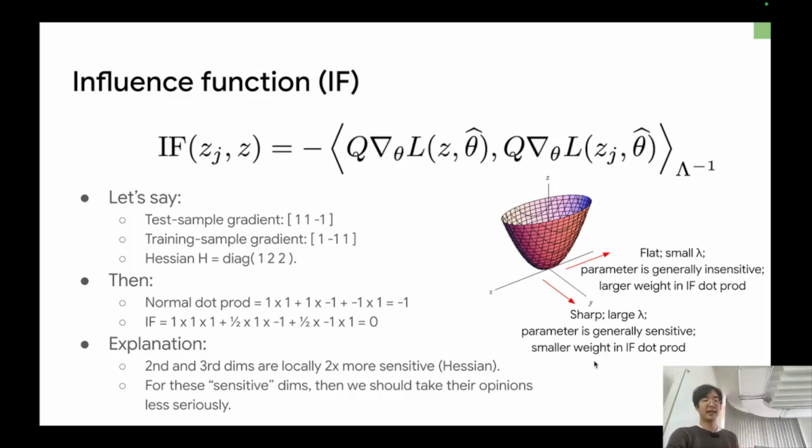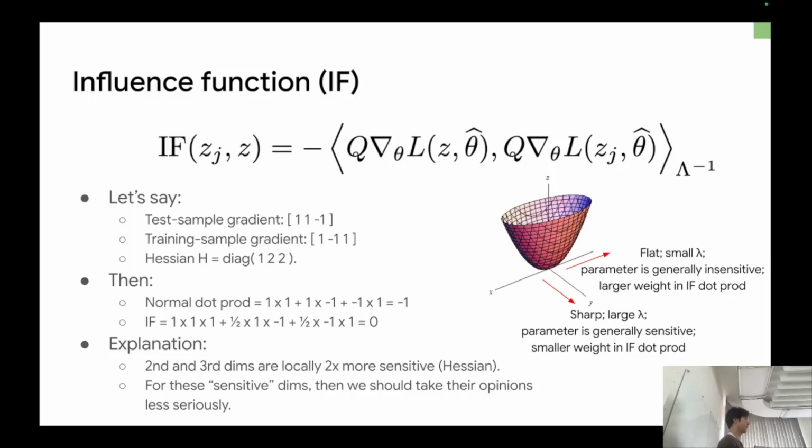So if a direction is more sensitive, meaning the loss values change more quickly along that direction, and your gradients are either agreeing or disagreeing with the same amount between the training and testing, then that gives me a strong signal that, yeah, that's a very strong dimension, but somehow the parameter gradients are still operating in the same scale.